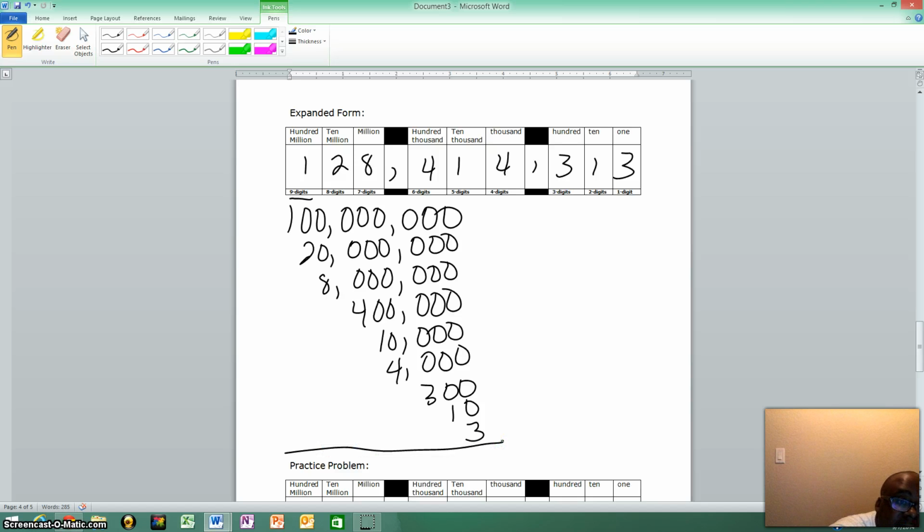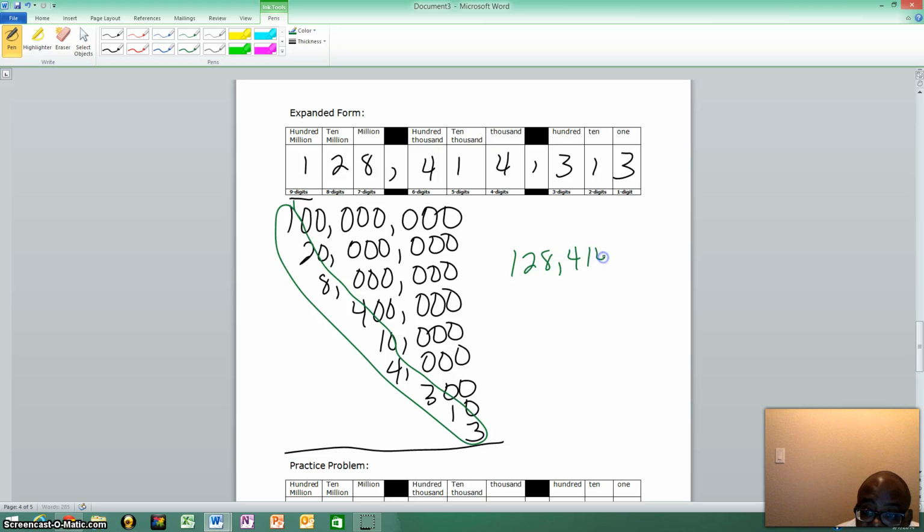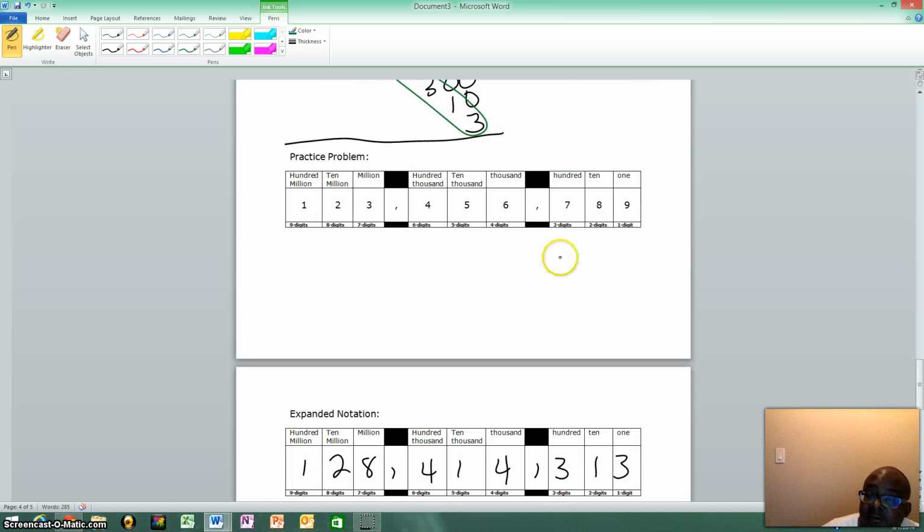You remember that if we take this, I'm going to change the color, and if we circle those digits, we will get our number back in standard form. 128,414,313. And here is a practice problem for you to try.